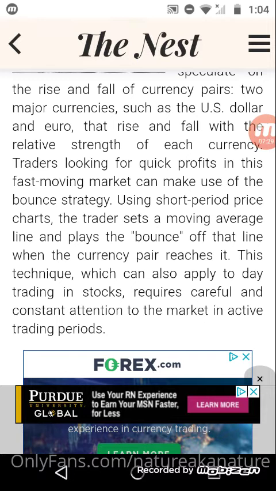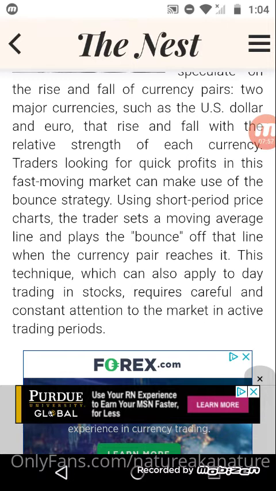You can trade the bounce back strategy on an uptrend and a downtrend. The traders set a moving average line and play the bounce off that line.